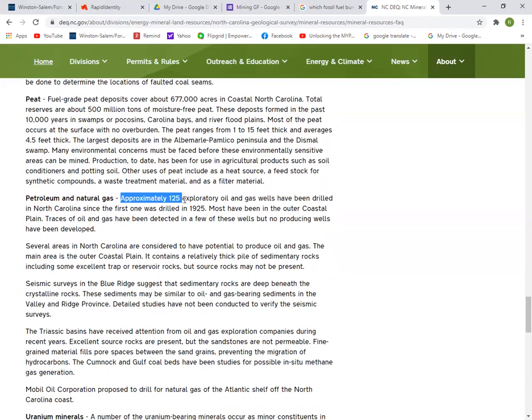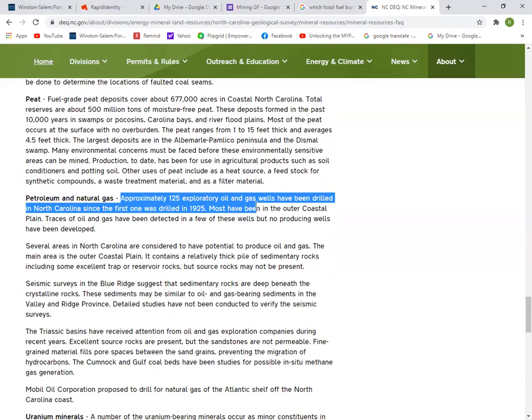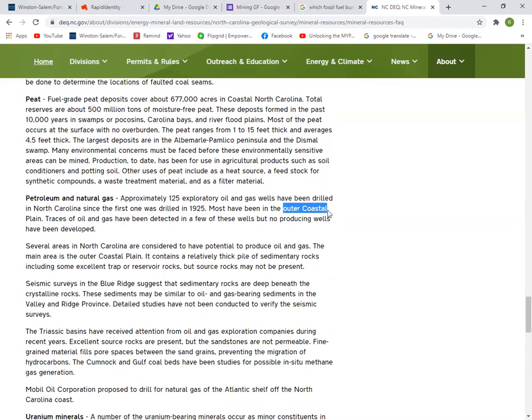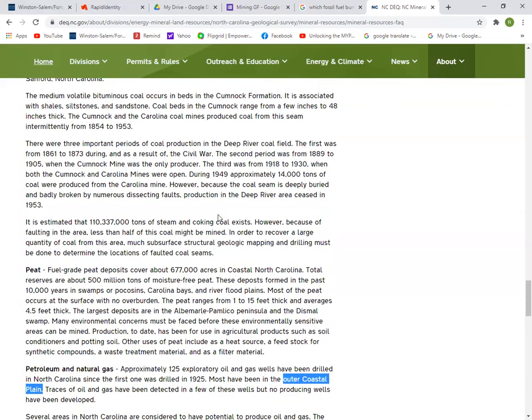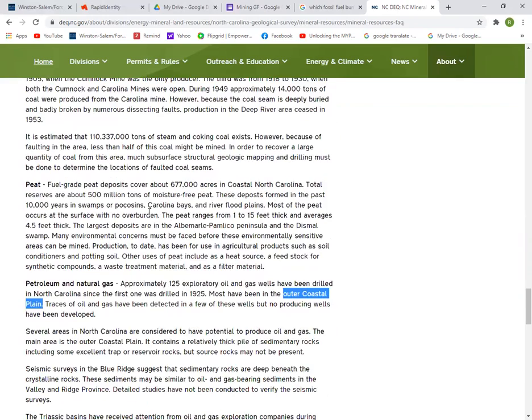Approximately 125 exploratory oil and gas wells have been drilled in North Carolina since the first one was drilled in 1925. Most of this petroleum and natural gas are found in the outer coastal plain. So we also have energy sources in North Carolina that we can mine.